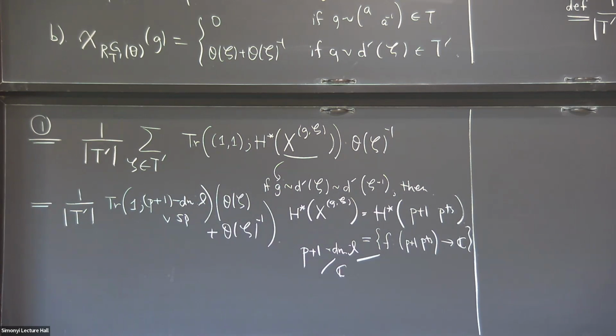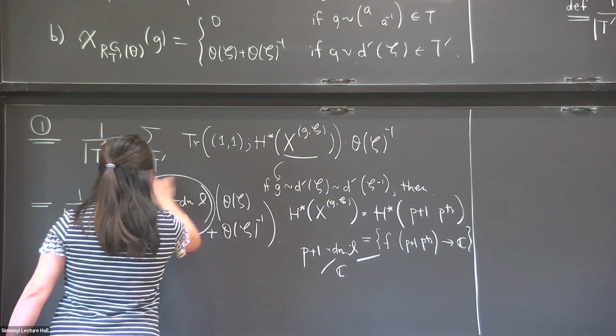So what's the trace of identity on a p plus 1 dimensional vector space? So sum of 1, 1, 1, 1, 1, p plus 1 times. This is simply p plus 1. So this number here is equal to p plus 1.